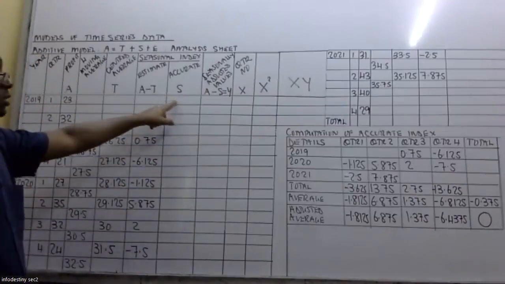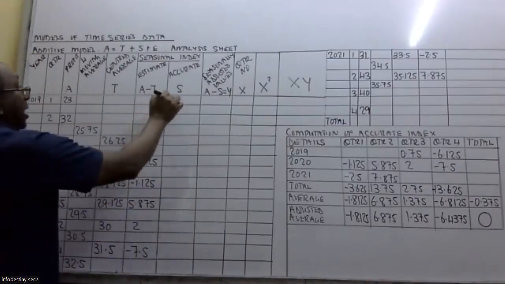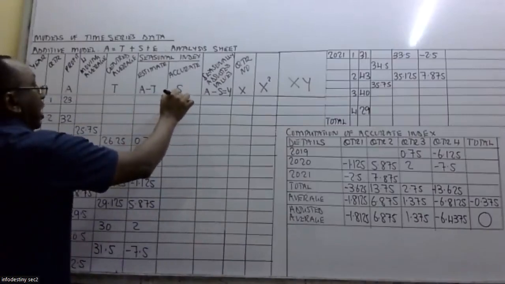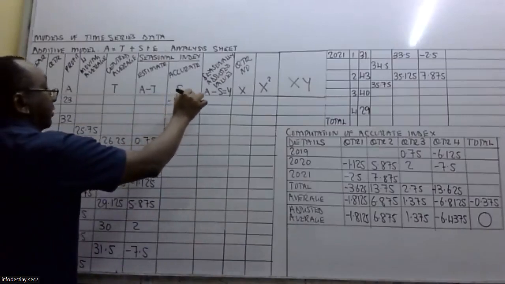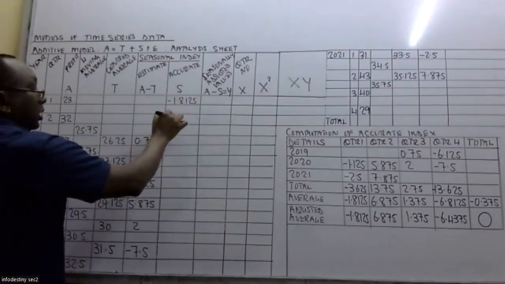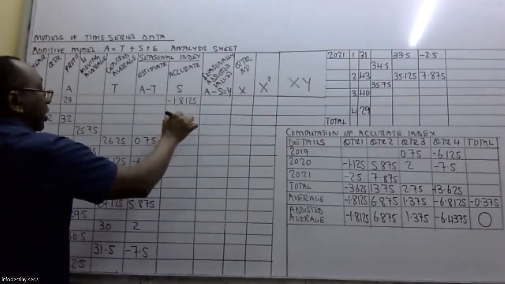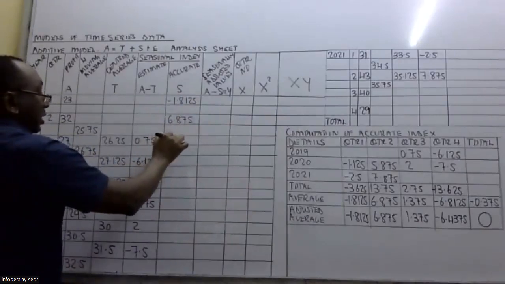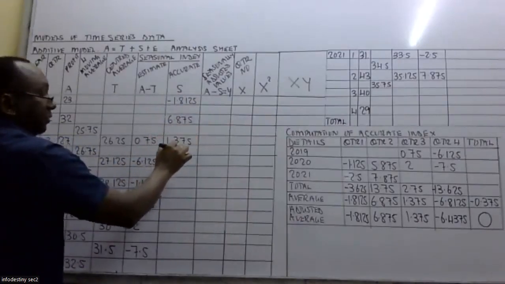You come here, you start with the first quarter. Upper, you record minus 1.8125. Quarter 2, 6.875. Quarter 3, 1.375.